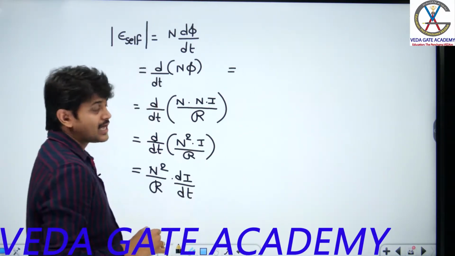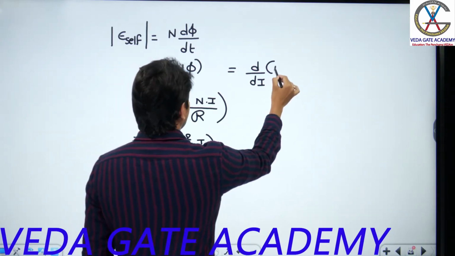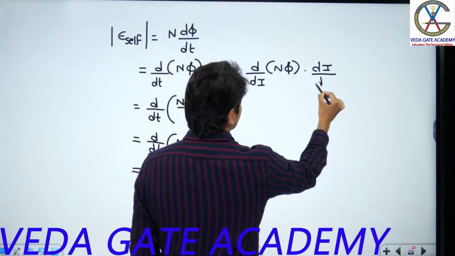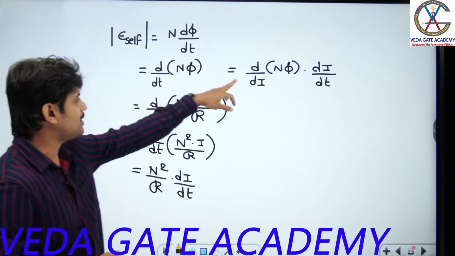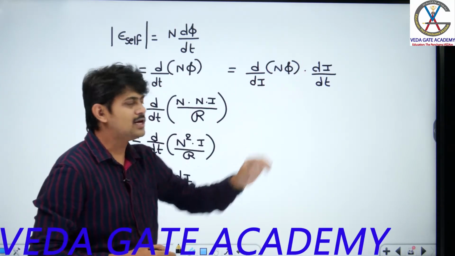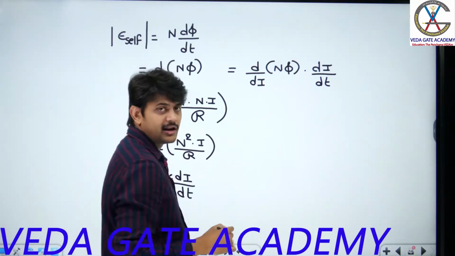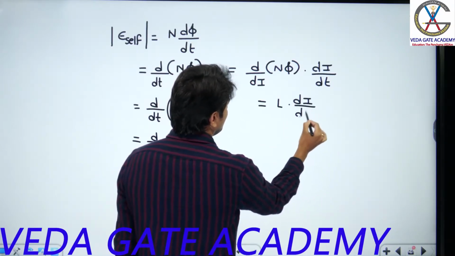I am going to write this as d by di of N phi into di by dt. Can I write in this fashion? Yes. So d by dt of N phi I am writing as d by di of N phi into di by dt. And this d by di of N phi I can replace with L, giving L di by dt.